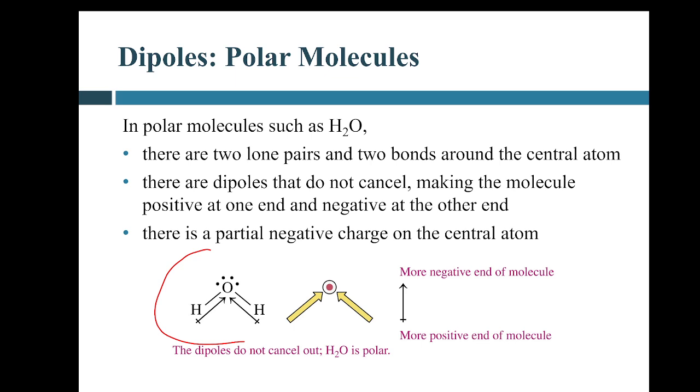Interestingly enough, anybody notice the shape of a water crystal? What does a snowflake look like? Little hexagons, right? Everybody's seen something like that? The reason it looks like that is because the water molecules are attracted together like so.